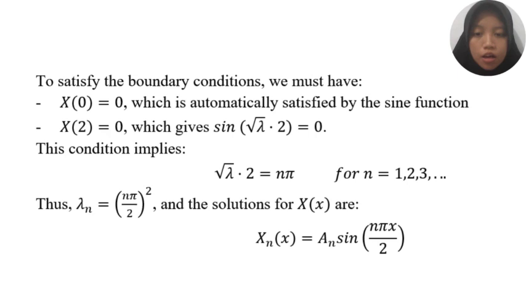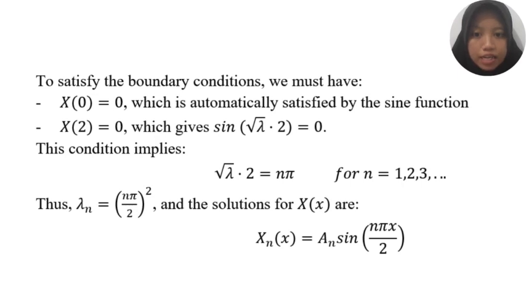To satisfy the boundary conditions, we must have X(0) equal to 0, which is automatically satisfied by the sine function, and X(2) equal to 0, which gives us sine of square root of lambda times 2 equal to 0.